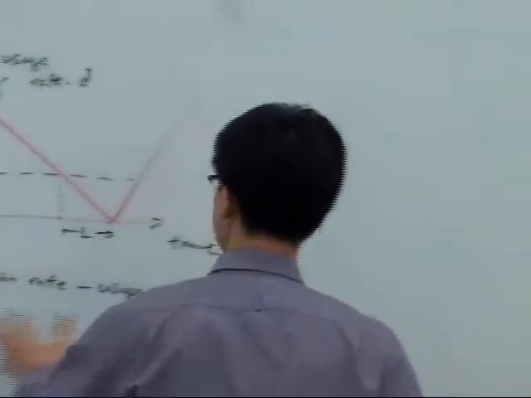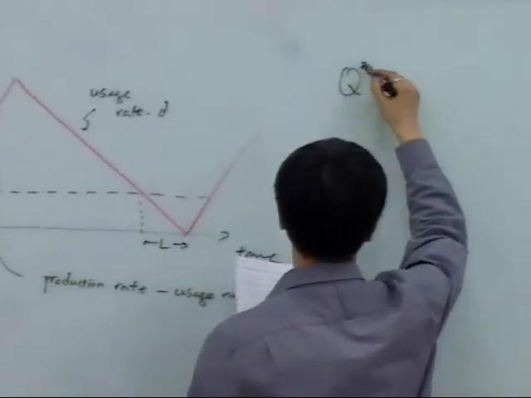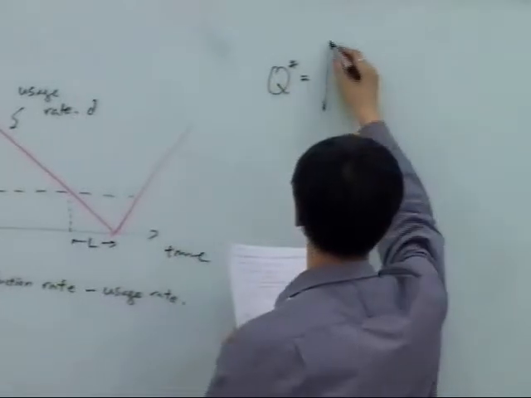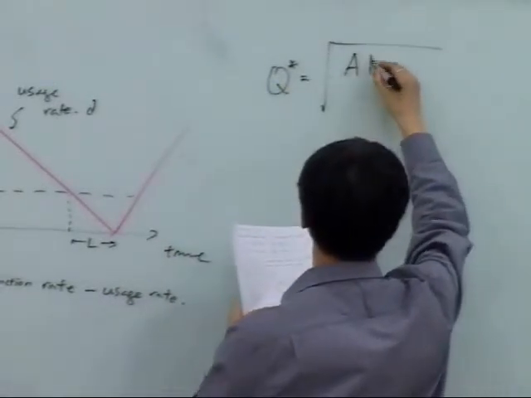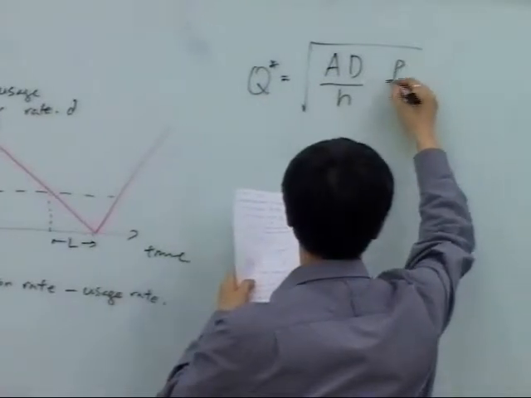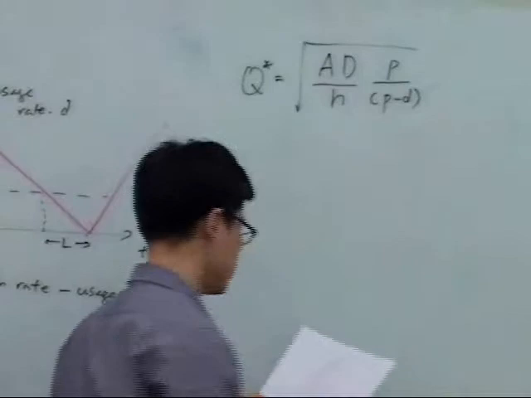Based on this modified EOQ model, the optimal order quantity is given similar to the original order quantity model.